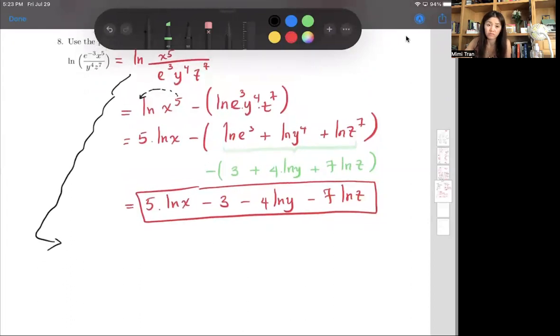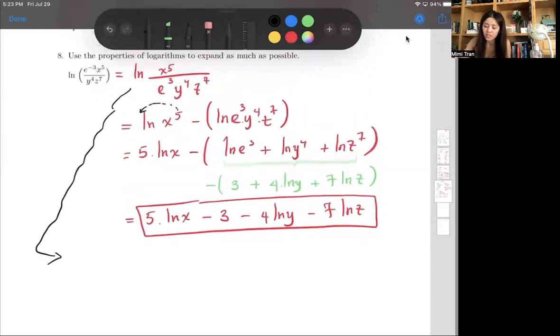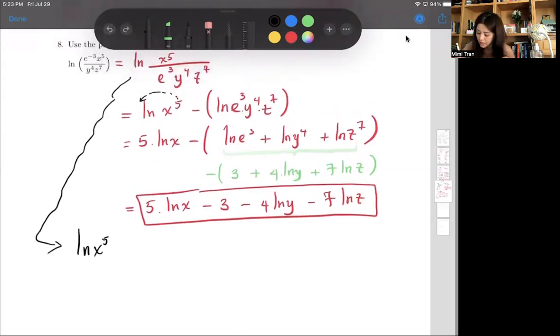The alternative way, faster. After I move the e cubed to the bottom, now I know I'm going to use the quotient rule and product rule at the same time. So ln x to the 5th is on the top, so it's going to have the plus in front of it, which we don't write. Now e cubed, y to the 4, and z to the 7 are in the bottom, so they all have a minus. Minus ln of e cubed minus ln y to the 4 minus ln z to the 7.